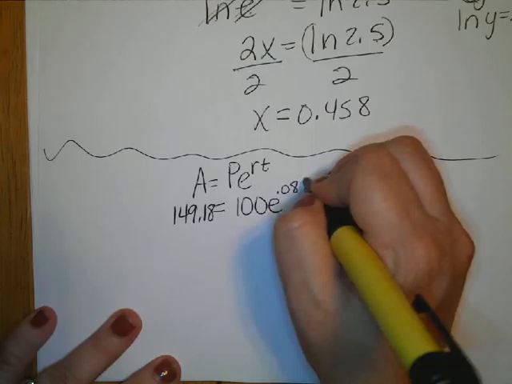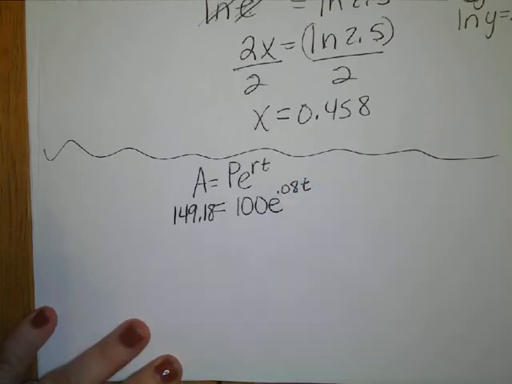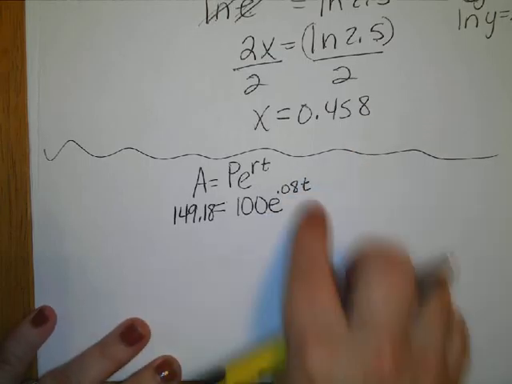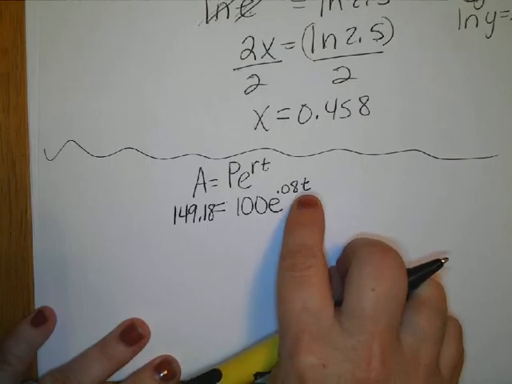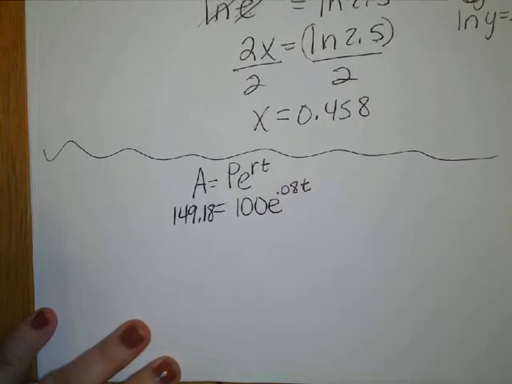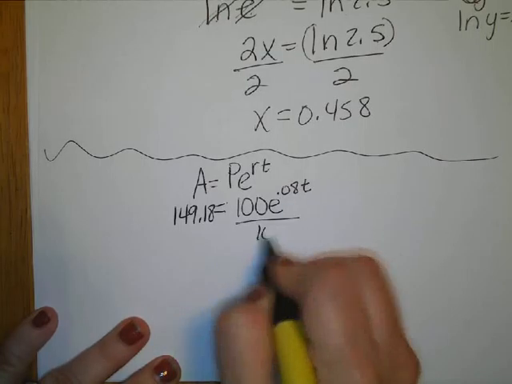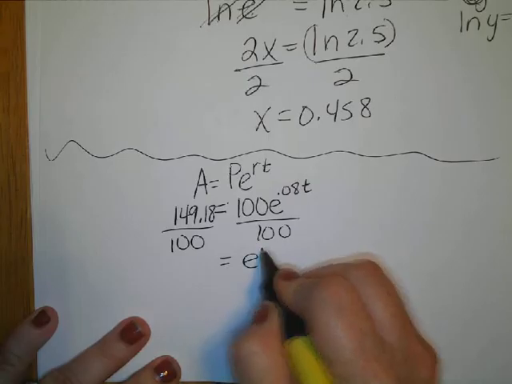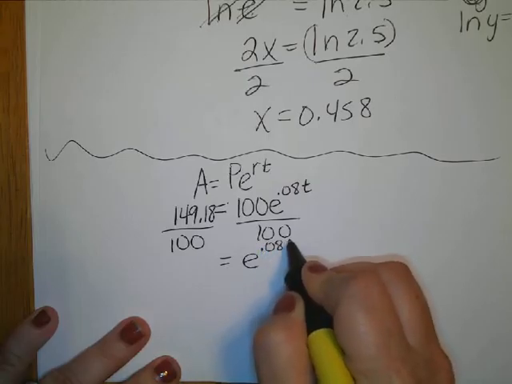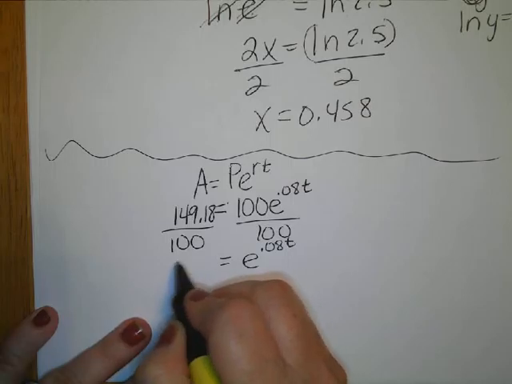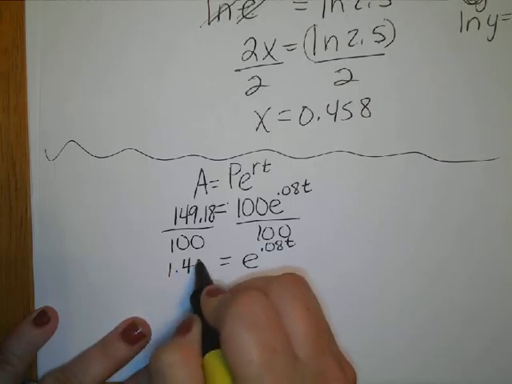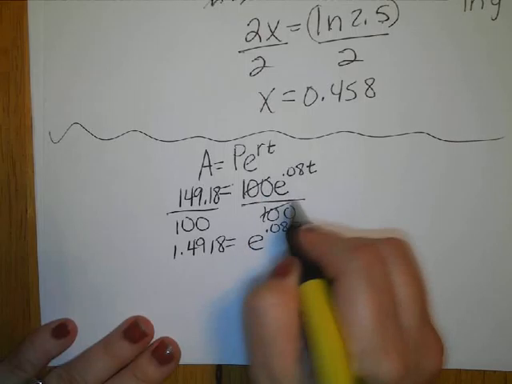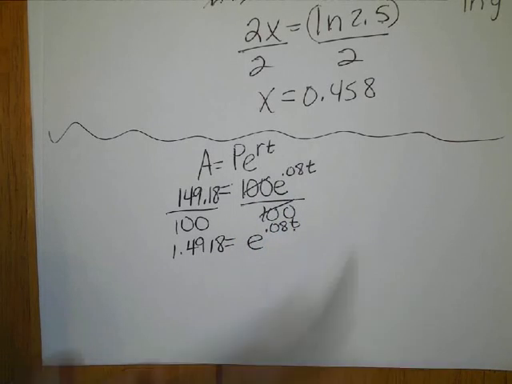But what I do know is that now I have a variable in the exponent. So I first can get rid of the 100. Remember, e is not a variable. e is a number, 2.7 whatever, on your calculator. So you're not solving for e. All I did was get rid of this 100. My goal is to get t by itself. But since it's in exponential form, I have to take the natural log of both sides because we're dealing with e.